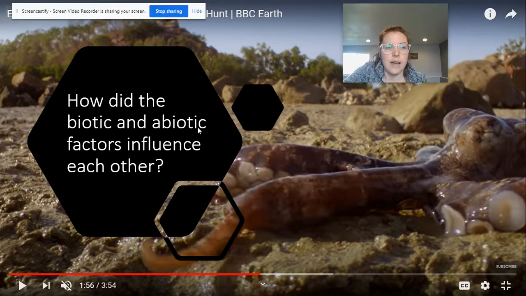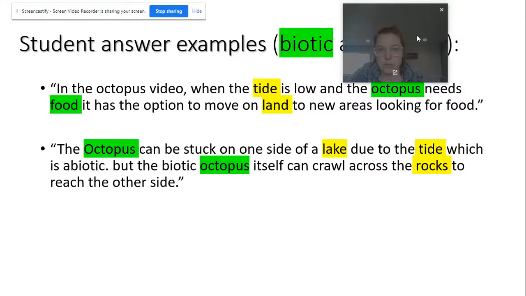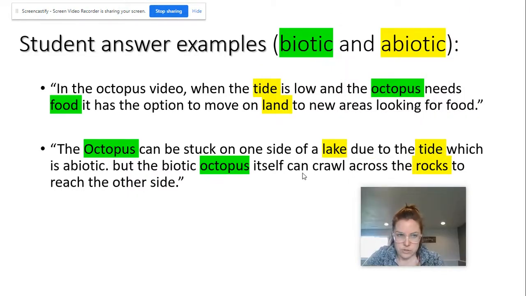When I asked how those abiotic and biotic factors influence each other, or how they are connected in some way, these were the answers I was really looking for. There were more than just these, but I picked two examples that two students gave me that were pretty good, and they got full credit.